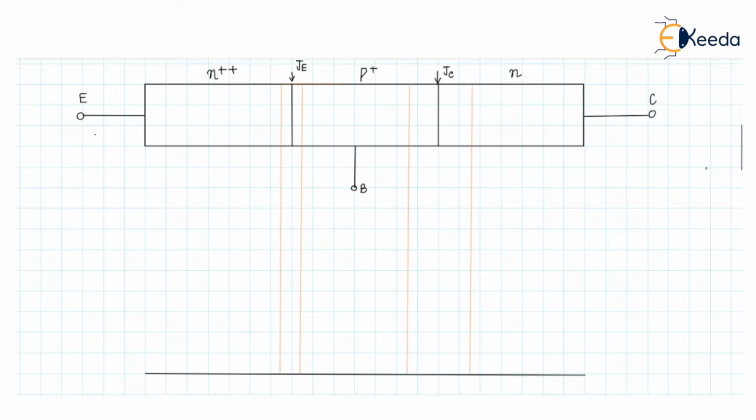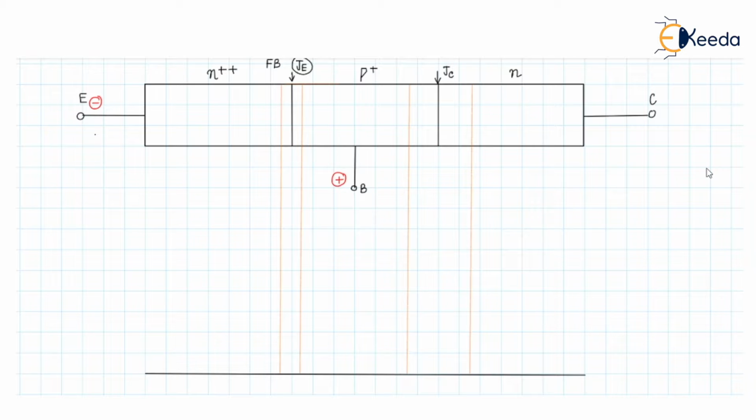If we want to operate this transistor in the active region, or forward active region, then we have to make the JE junction forward biased. To do that, we apply a negative potential here and a positive potential here.